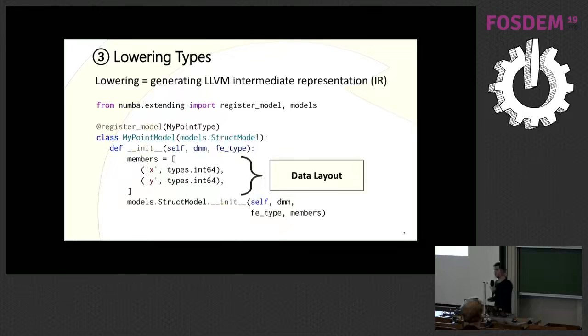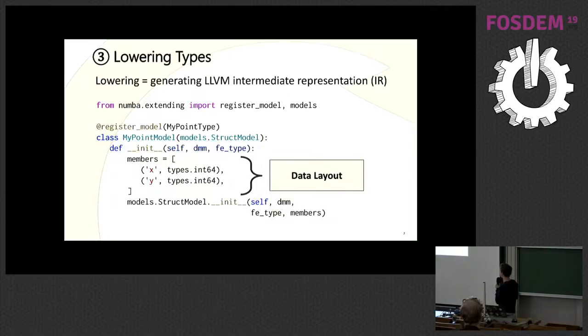Next, when that is finished, again you have a rewrite phase where you are able to reuse the types. And when all that is finished, you can start with actually lowering. That means generating LLVM intermediate representation. So again, a decorator, same principle.